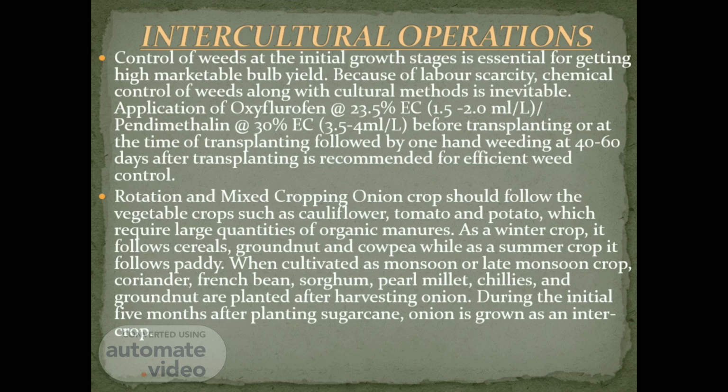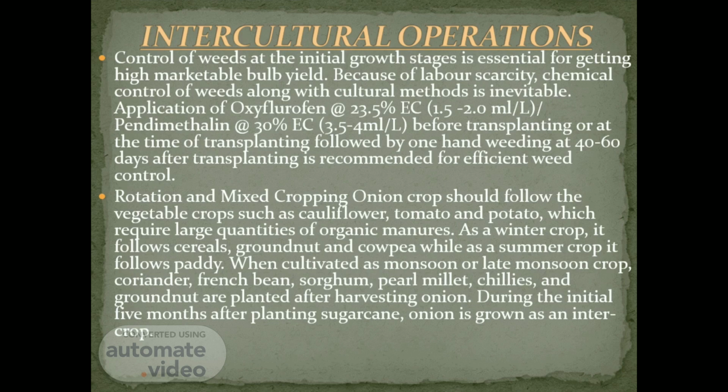Rotation and mixed cropping. Onion crop should follow the vegetable crop such as cauliflower, tomato and potato, which require large quantities of organic manures. As a winter crop, it follows cereals, groundnut and cowpea, while as a summer crop, it follows paddy.